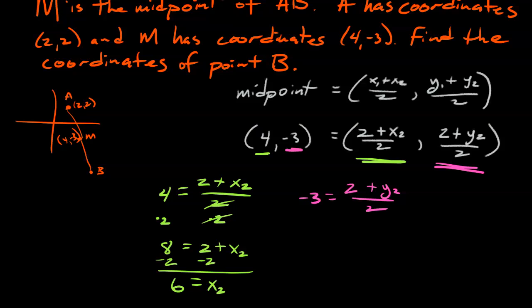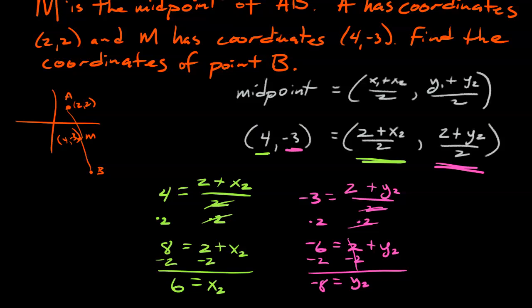And I'm going to do the same steps over here. Times by 2 to cancel off the divide by 2. And then this would say negative 6 equals 2 plus y2. And then I'm going to subtract 2 to cancel off that plus 2. So y2 equals negative 8.